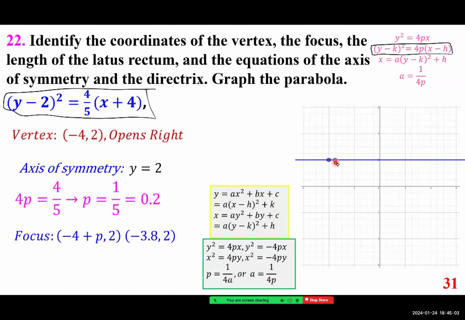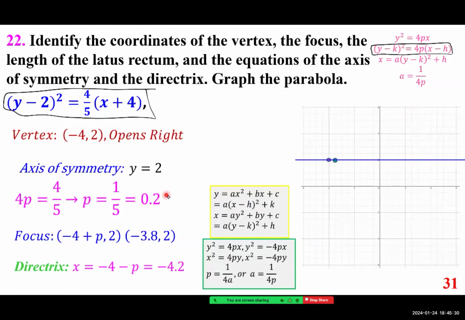The directrix is a vertical line. See, y equals 2 is the axis of symmetry, and the directrix is a vertical line. Now the same thing, you go to the vertex and you go p units to the left of that, okay? So x equals the x coordinate of the vertex, and you're going to subtract this number from it.